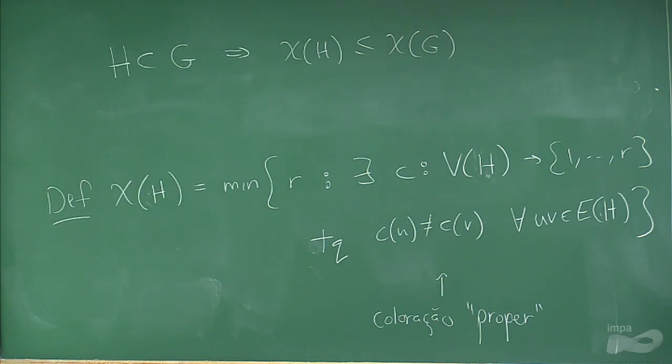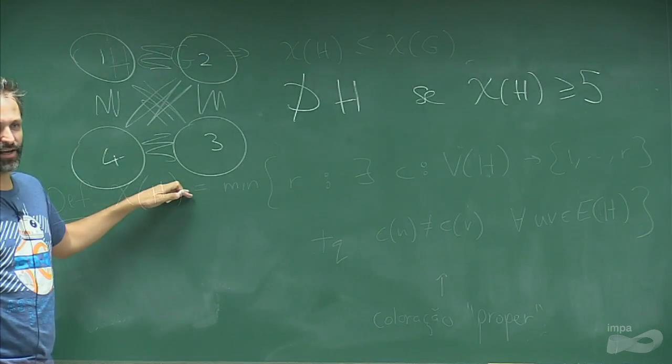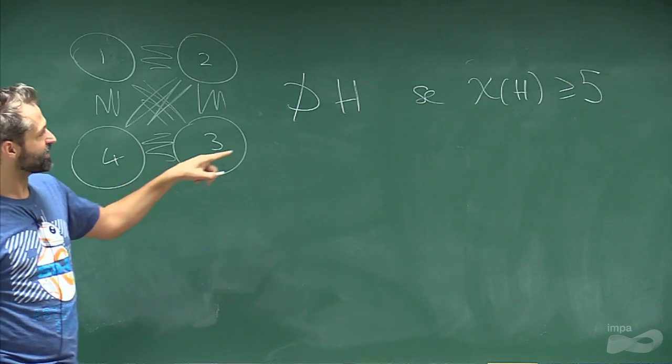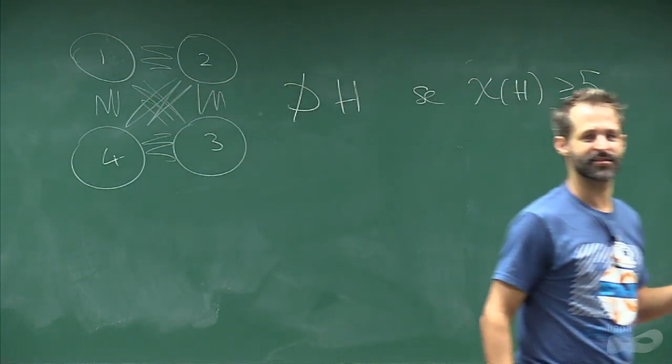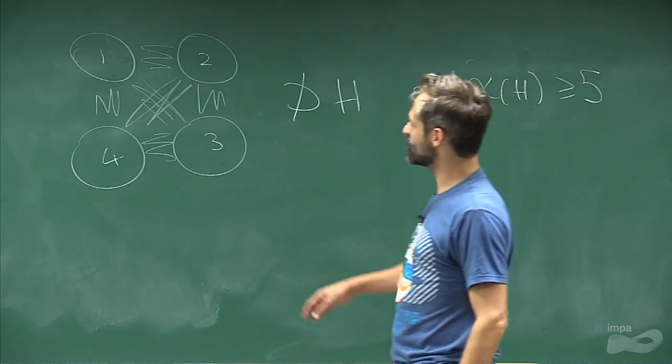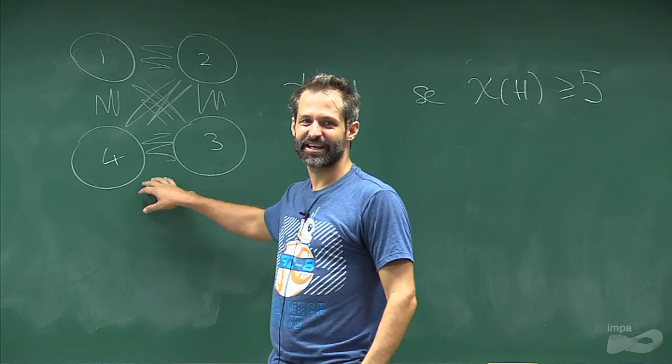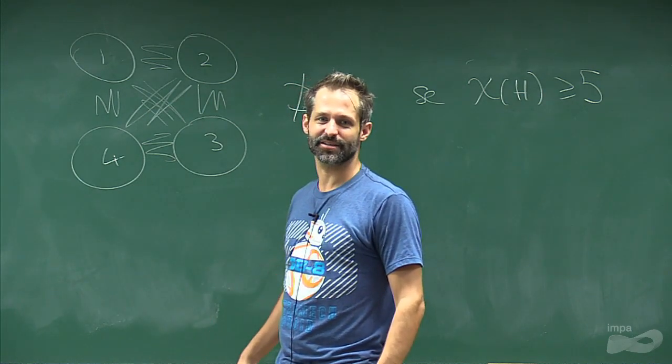So what does this tell us? It tells us that the extremal number of H is at least the number of edges in this graph with chromatic number minus 1 parts. How many edges does this graph have?